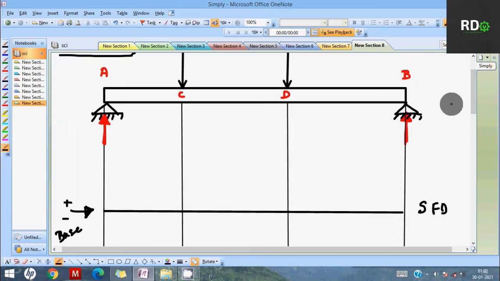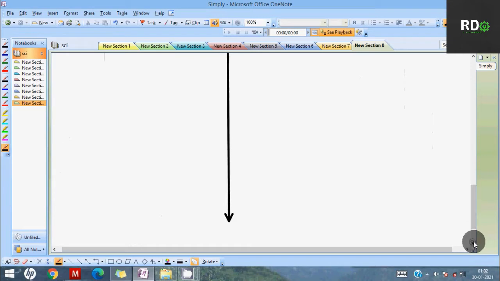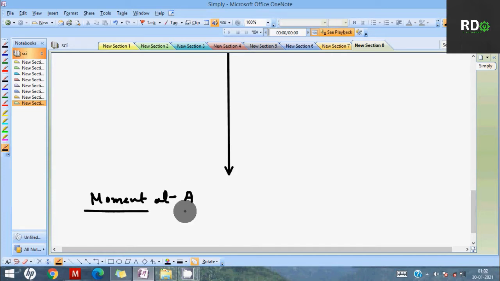So before drawing, we have to find out the reactions, that is RA and RB, the reactions at A and B. To find them, we can take moment, not bending moment, just moment, either at A or B. Let's find the moment at point A. Please be careful about it.